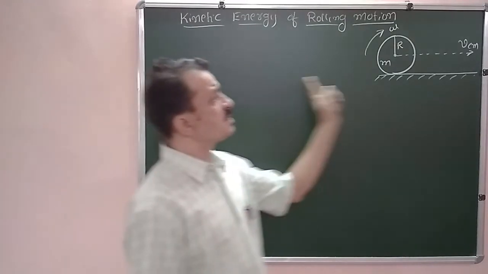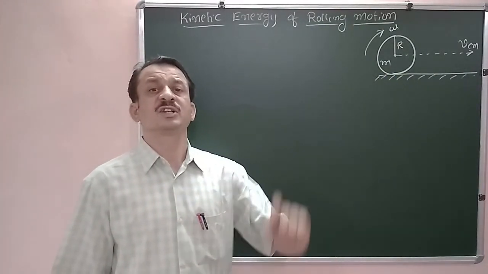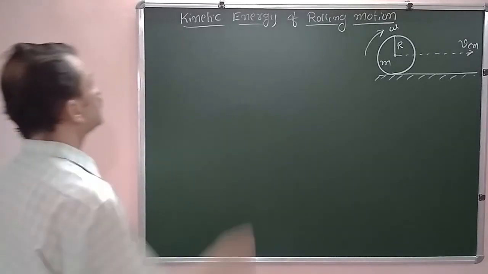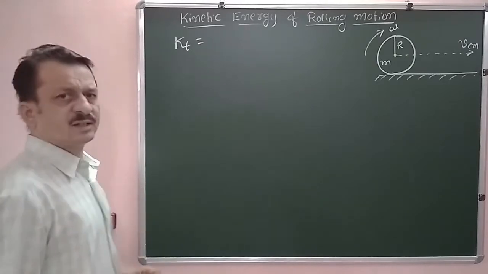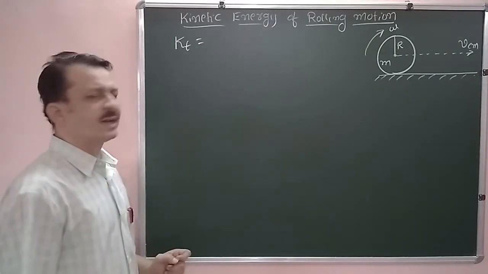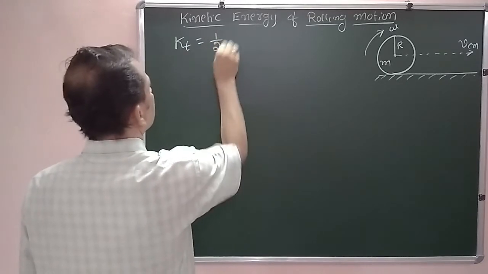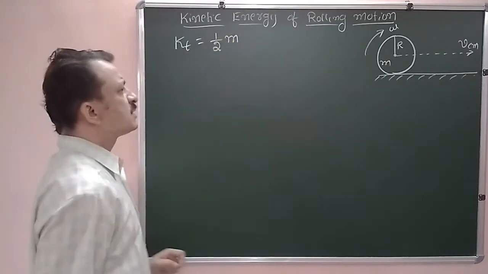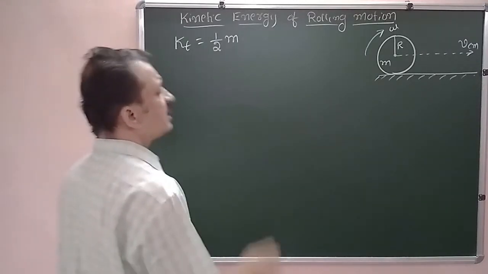Now in the case of translational motion, it is having translational kinetic energy. That translational kinetic energy, kT, or linear kinetic energy, is given by half m v square, since m is the mass of the circular disc and v is the linear velocity.